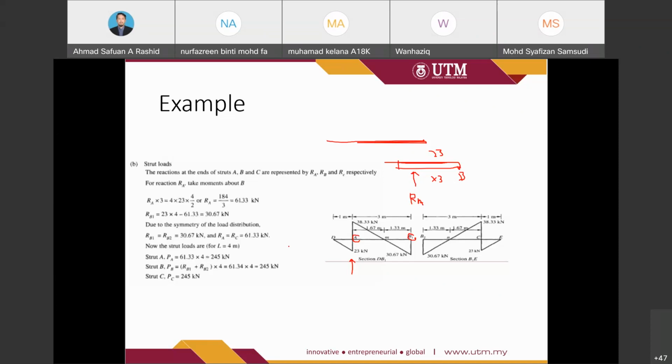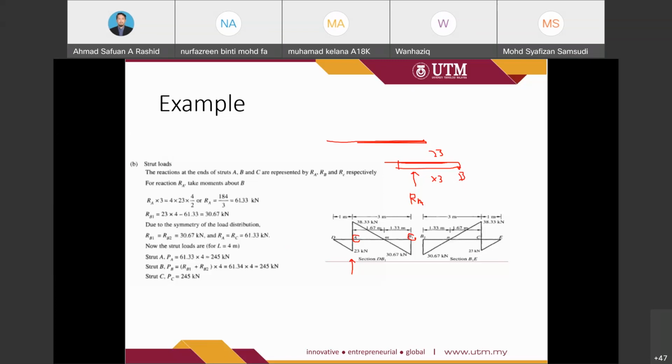RB1 plus RB2 is equal to the RB, so times 4 it also produces the same value because it is symmetrical in terms of the equation. Then the last one, PC is similar with PA, so the value of the strut is equal to 245. So that is for the strut load value.